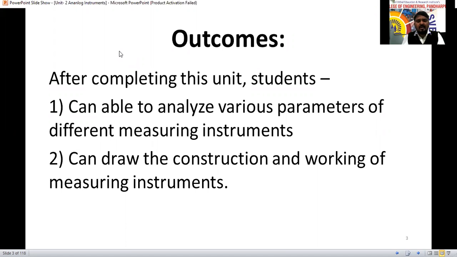After studying this chapter, you can draw the construction and working diagrams of the different instruments and analyze their parameters. Moving iron instruments, attraction type, repulsion type, single phase electrodynamometer, frequency meter, power factor meter, voltmeter, ammeter, wattmeter, energy meter: you can analyze all these meters after studying this chapter.